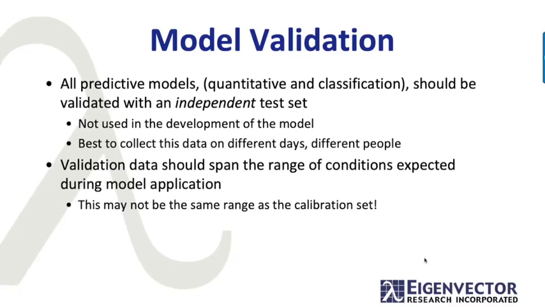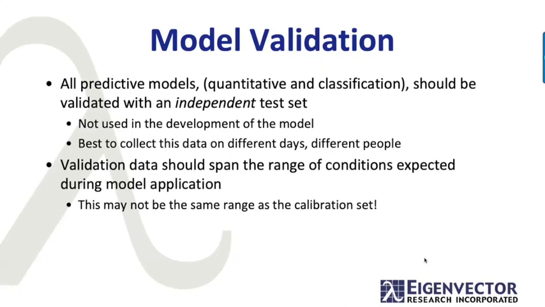Validation should span the range of conditions expected during the model application. This might not be the same range as the calibration set. So maybe your calibration set has a pretty wide range of concentrations because by putting those in, it really helps the model establish its relationship between your concentrations and your spectra.